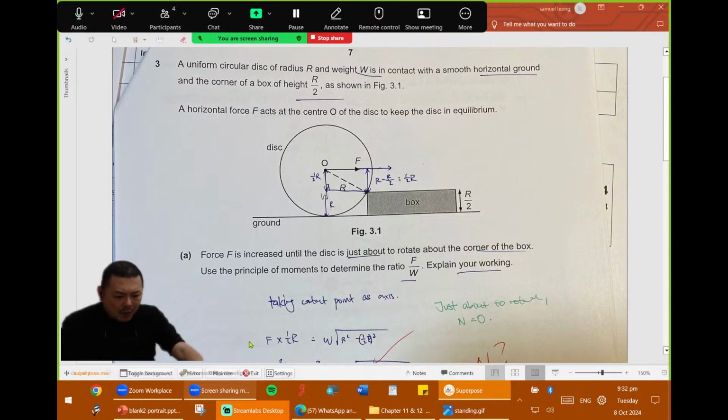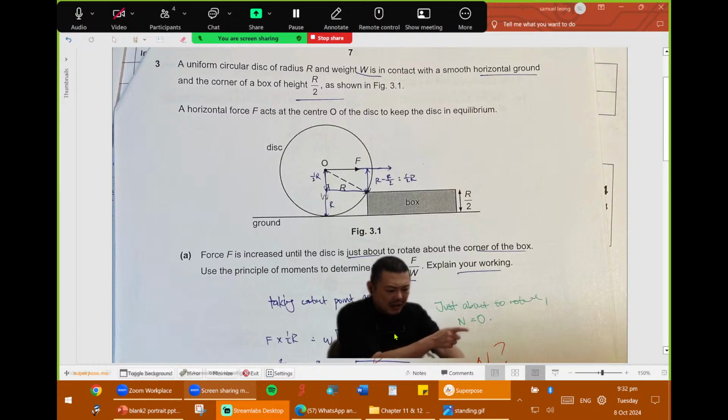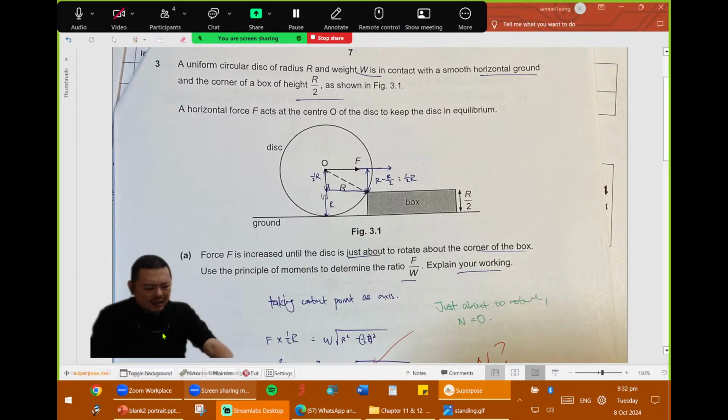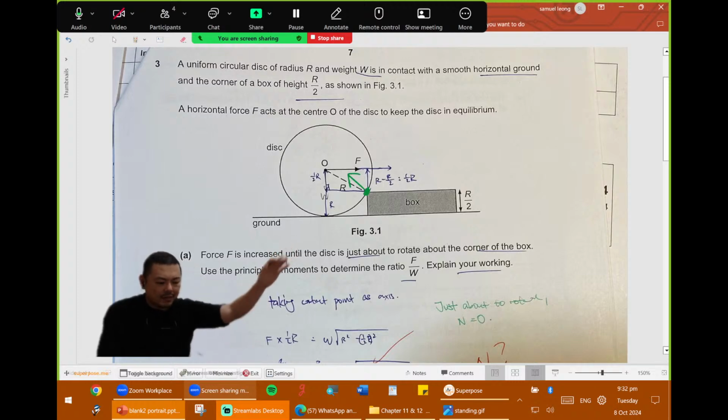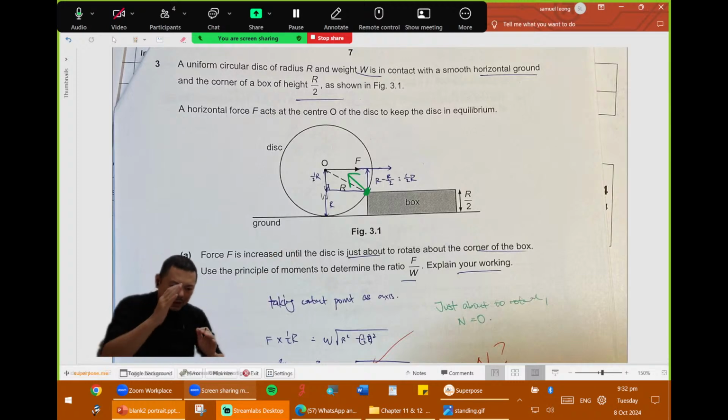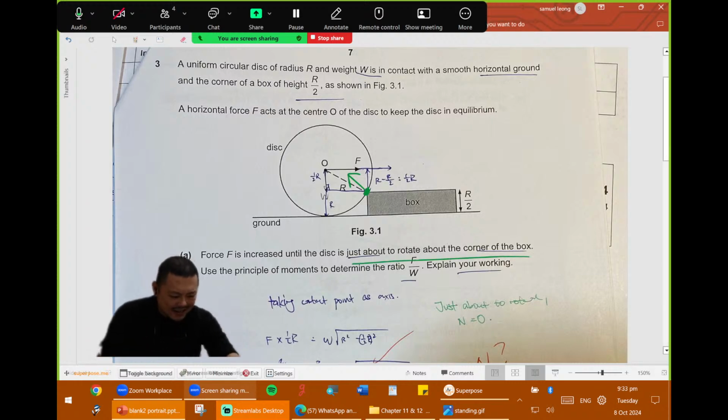Yeah, I know, but why is this a marking point? That's damn dumb. I mean, there is a reaction force here somewhere, right? But we don't know where the reaction force is. If you want me to rotate it around the corner, I understand it loses contact here.